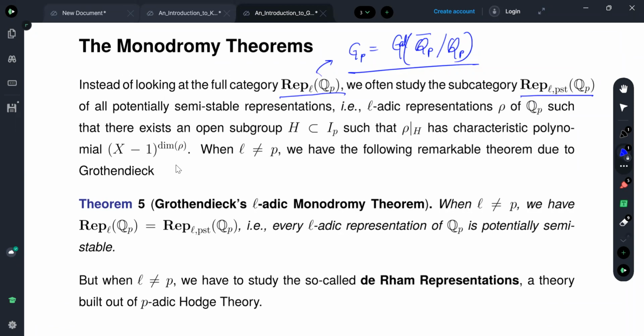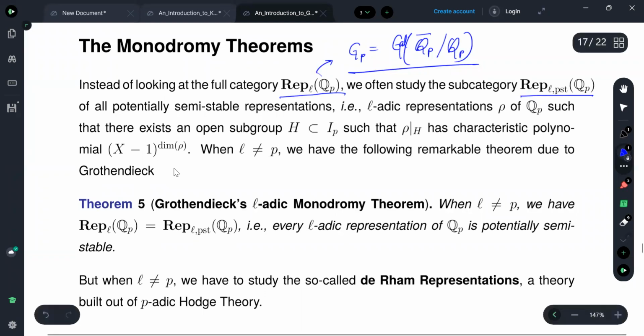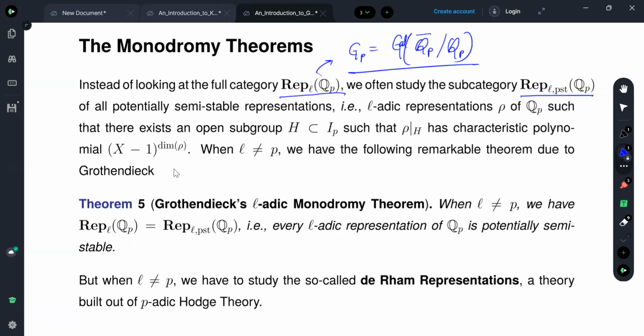So it's like a simplicity condition on the representation. A representation rho is called semi-stable when you can take H to be the whole of I_p itself.